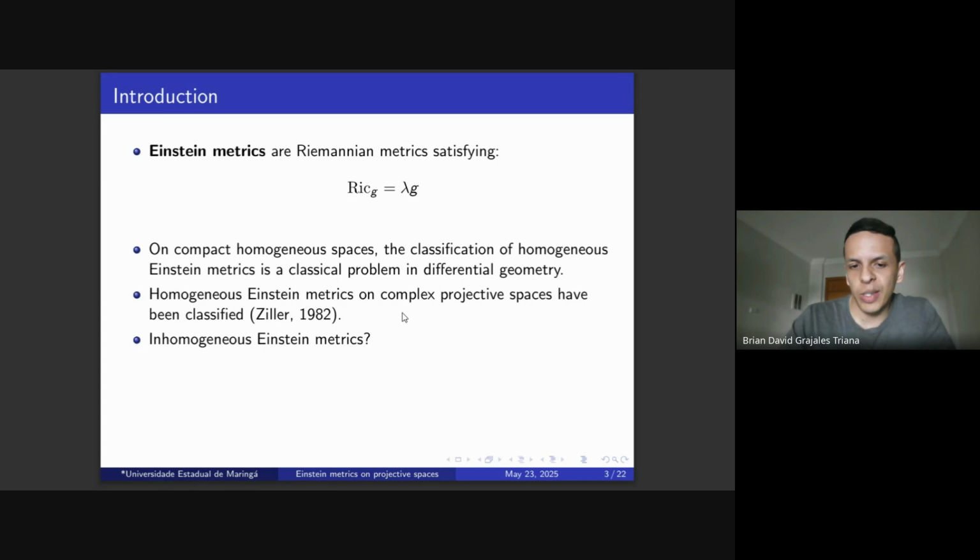This is a problem that is quite different, because when we are dealing with homogeneous metrics preserving a transitive action, the Einstein equation reduces to an algebraic system of homogeneous polynomials.